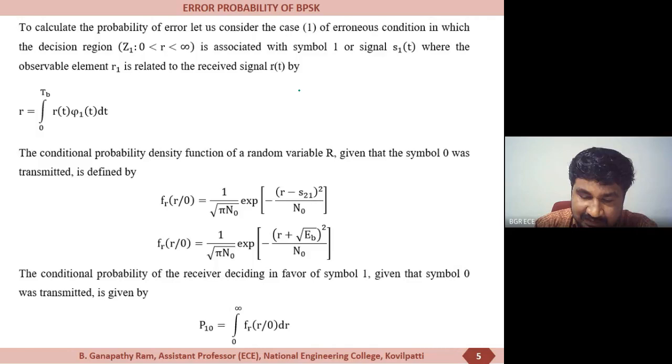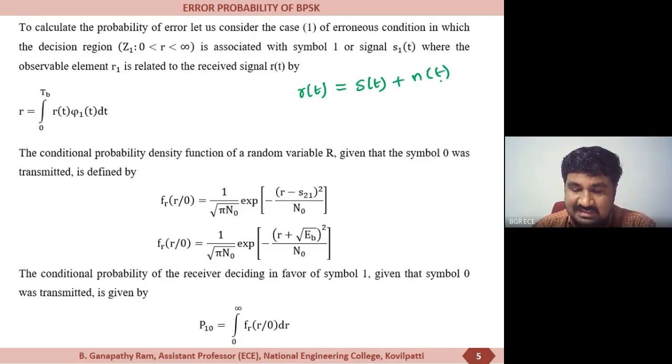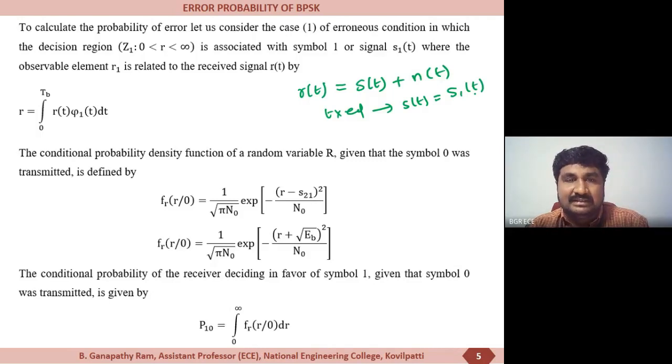And we know that the received signal R of t is nothing but S of t plus N of t. Here we are considering that S2 of t is transmitted because 0 is transmitted, but the receiver is deciding in favor of S1 of t.